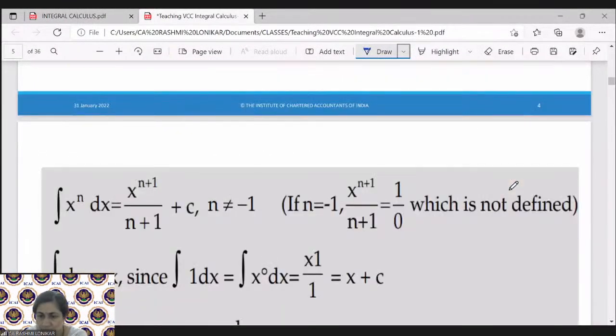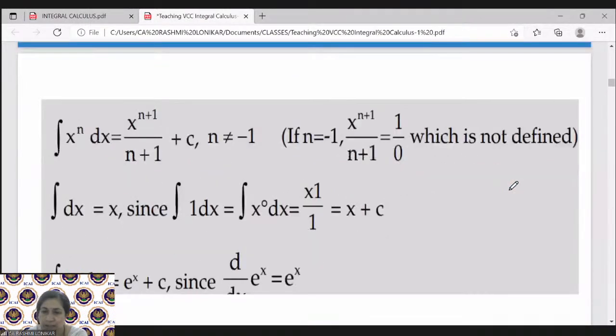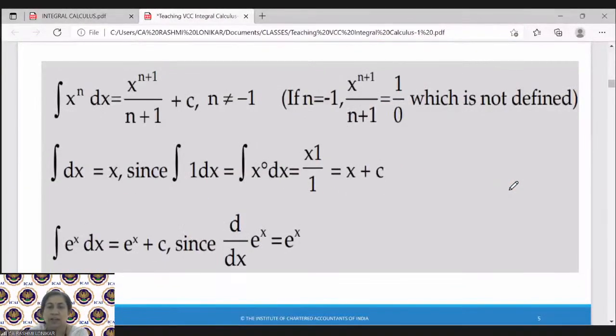Now we come to integration. If I know my derivative formula, I will be able to have my integration formula. We say the integration of x raised to n is x raised to n plus 1 divided by n plus 1. Can you appreciate this?